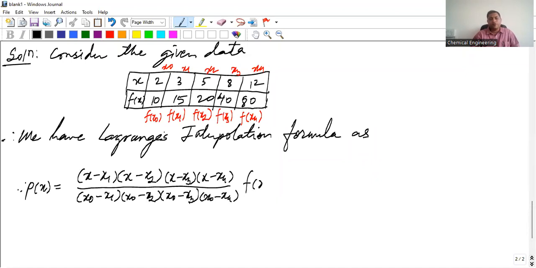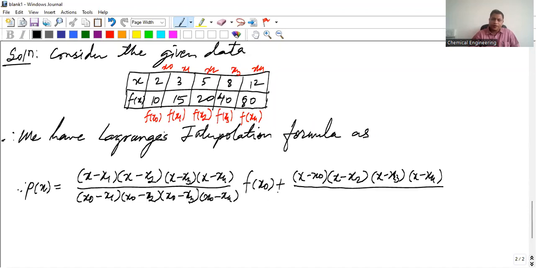And here we have f at x0, plus x minus x0. This term corresponds to x1, so we omit x1. So x minus x2, x minus x3, and x minus x4.